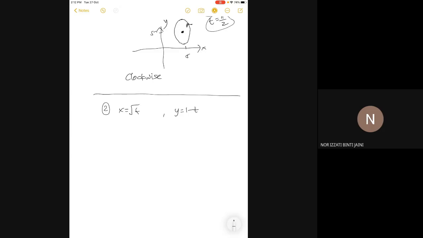Okay, so let's say I want to use again eliminating parameter t, then I will have, boleh guna belah sini atau belah sini, mana-mana saja. The first equation or second equation. Let's say I use first equation, I square both sides, I will have x squared equals to t. Okay, then I substitute my 3 into 2. Then I will have y equals to 1 minus x squared.